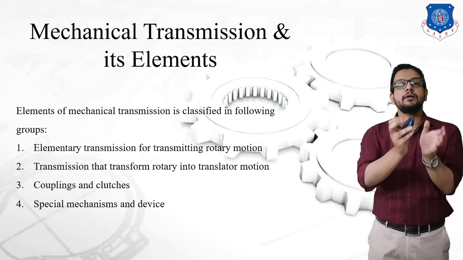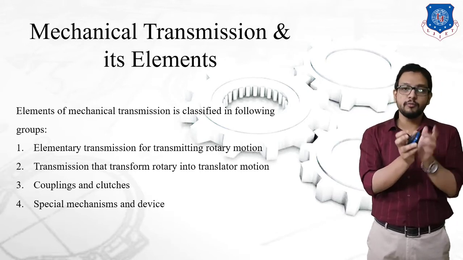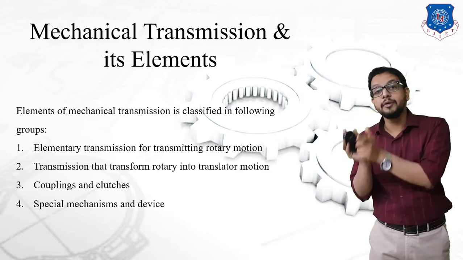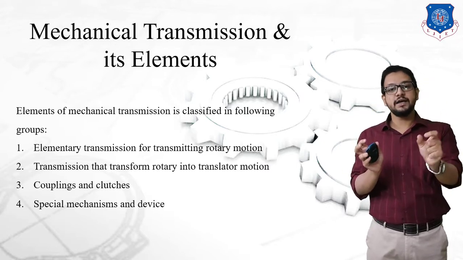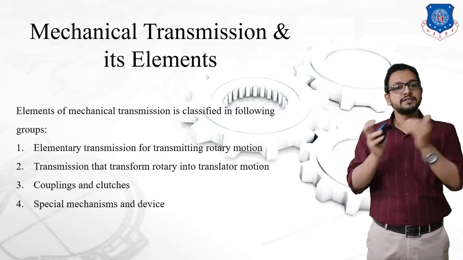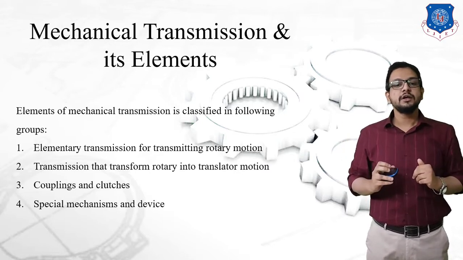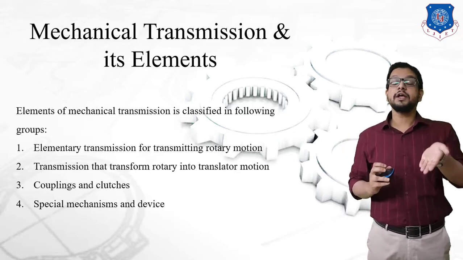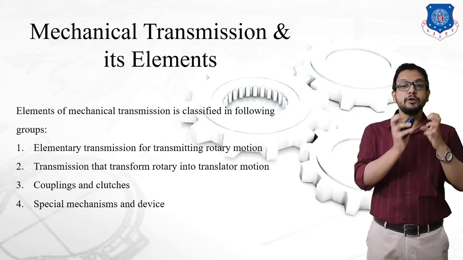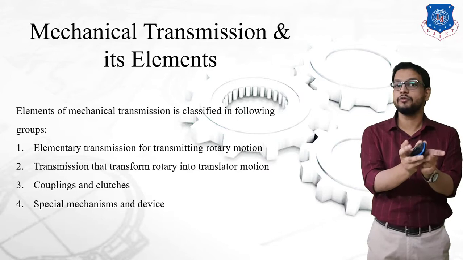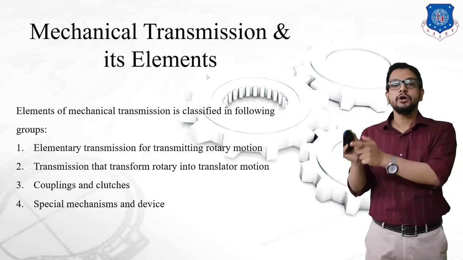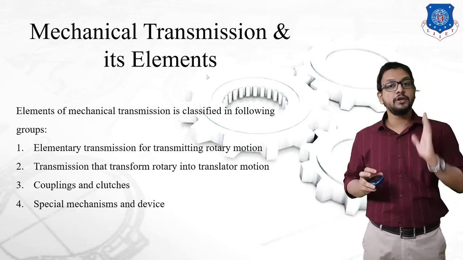That is, the electric motor is going to perform a rotary motion, and the operating member is also going to perform a rotary motion. So the first category is rotary to rotary. Okay, second category, transmission that transforms rotary into translatory motion. That is, we are going to see the mechanism which is going to transmit the rotary motion of the electric motor into translatory motion of an operating member.